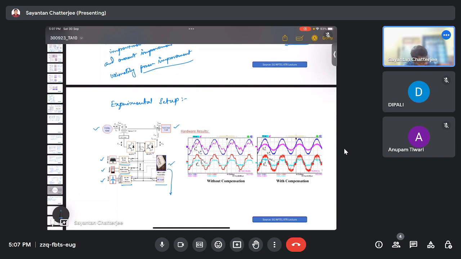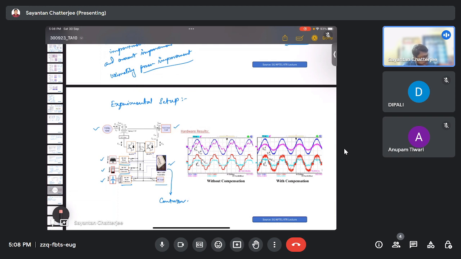This is the FPGA, this is the controller outside, that is the CHIL part. This entire system is within the software platform like the RTTS. This is the controller and this is the software section, and this is the nonlinear load side.